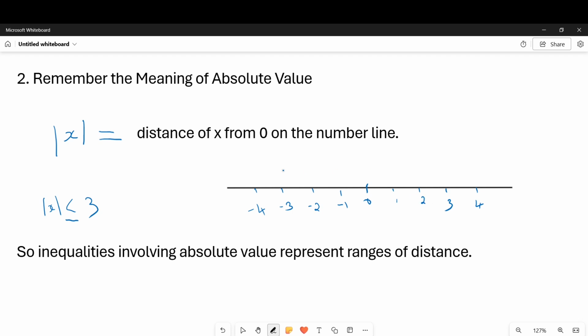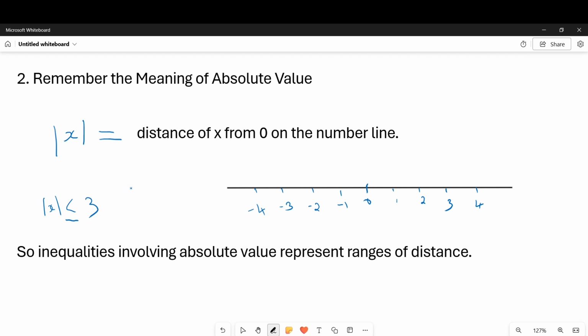As an example, take the absolute value of x less than or equal to 3. That means the distance from 0 to x must be equal to or less than 3. So let's open the absolute value sign.